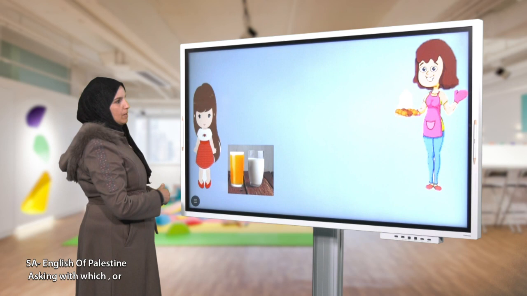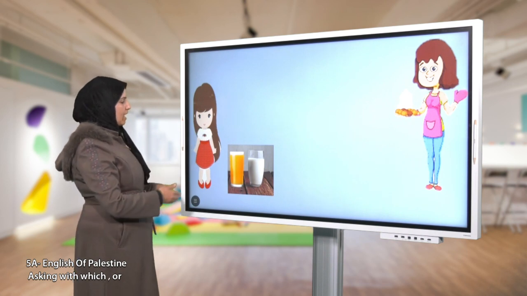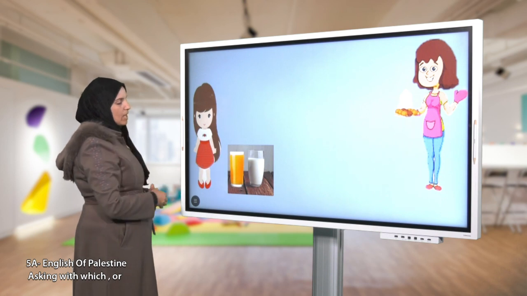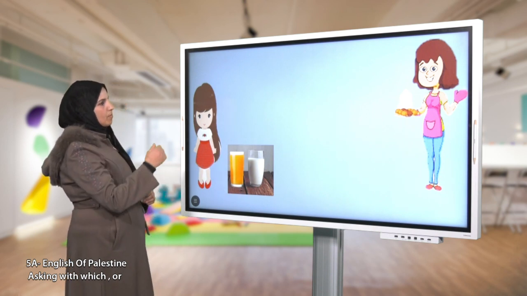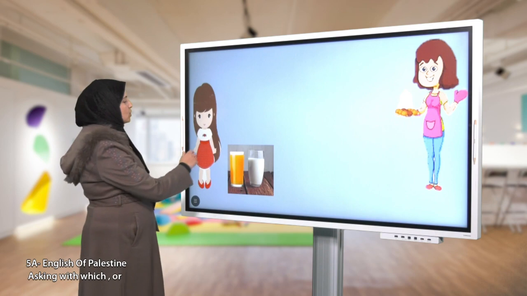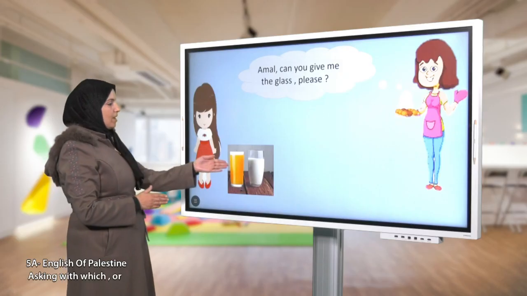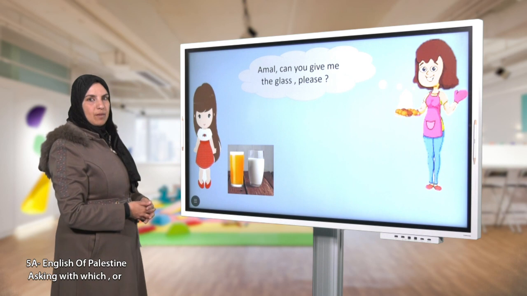Look at this picture. This is a mother and this is her daughter. And we have these two glasses on the table. The mother is asking her daughter this question. Amal, can you give me the glass, please? Amal has two glasses on the table.